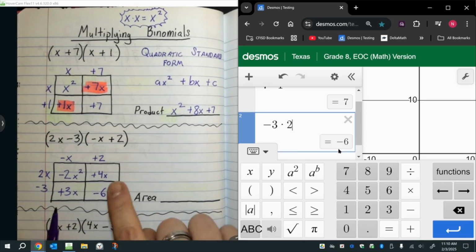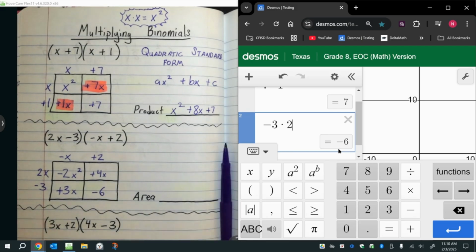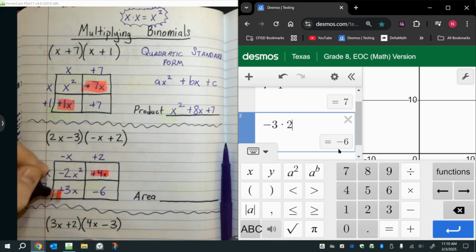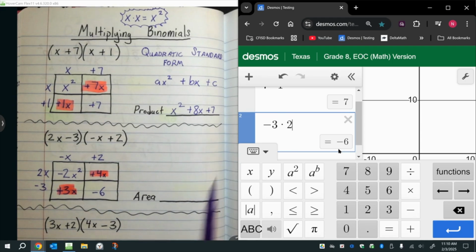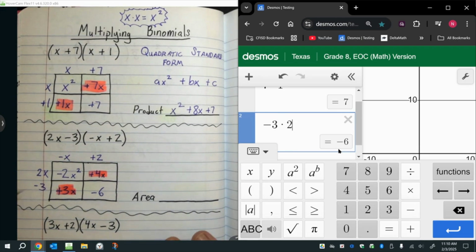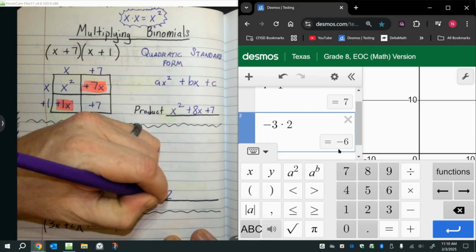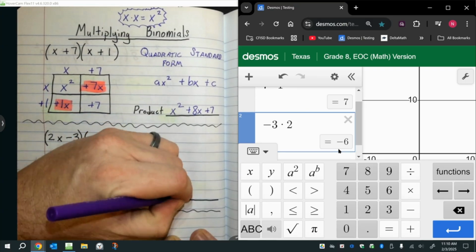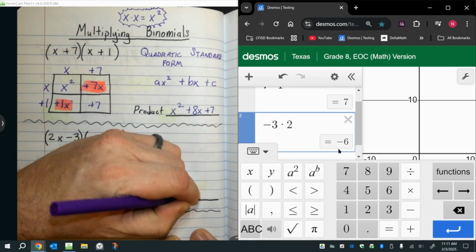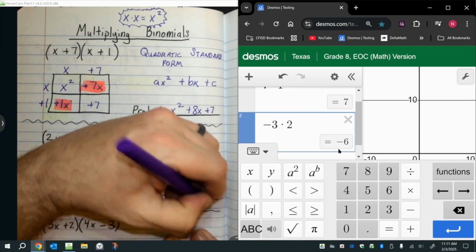So now I look to see, are these my like terms? Yes, they are. 4x, 3x, those are going to add and combine to make 7x. So my final answer is going to read negative 2x squared plus 7x, and then minus 6.